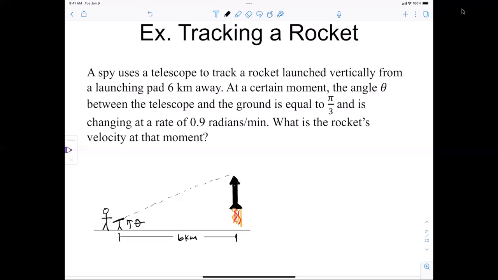One would be the distance between the rocket and the telescope. I'm going to use Z. And then the height of the rocket off of the ground or off of the launch pad would also be changing as time is passing.